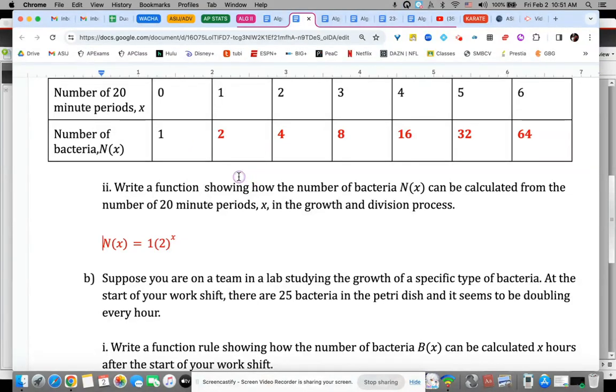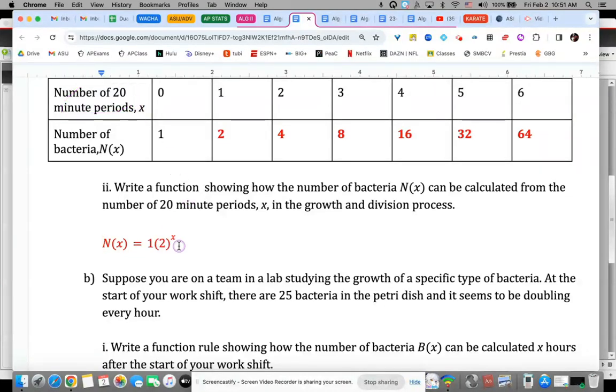Well, they're not doubling every hour, they're doubling every 20 minutes. So if I want to go for 40 minutes, then this X value isn't going to be 40, it's going to be 2, because it took two 20-minute periods to get to 40 minutes. So you see up here, even though these go 0, 1, 2, 3, these represent 20-minute periods.